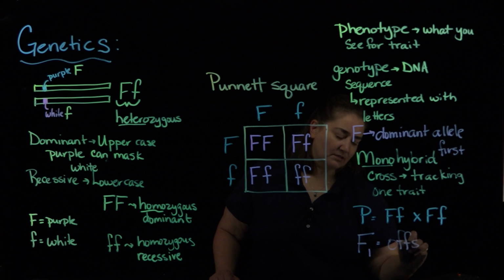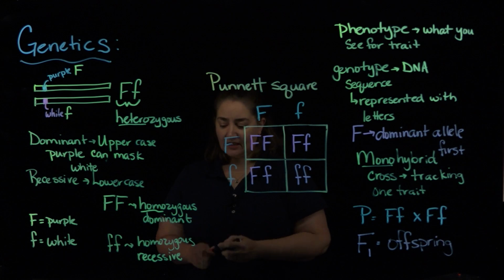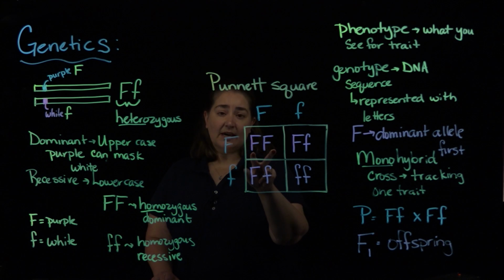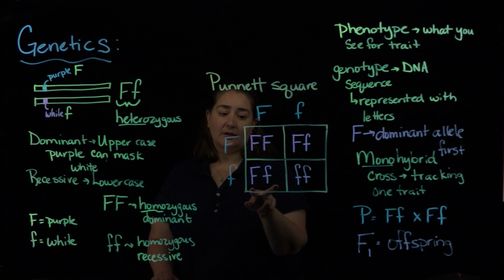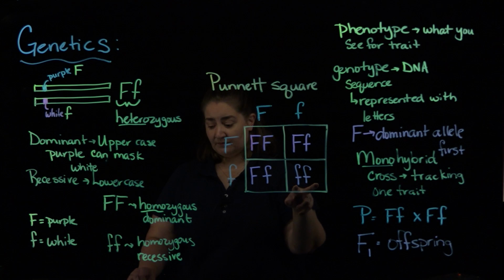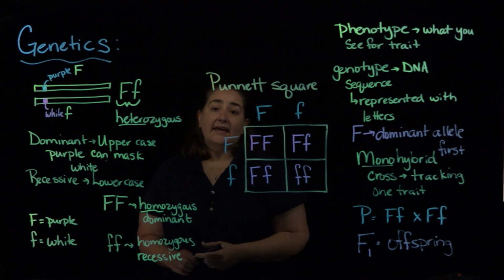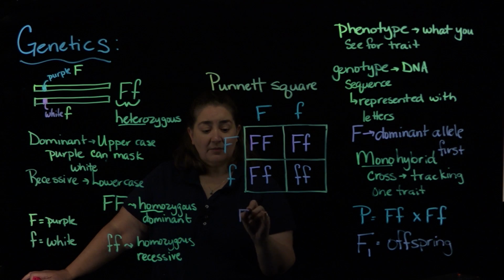Oh goodness, we're squeaky again, I apologize. So the offspring genetically can be capital F, capital F, capital F lowercase f, capital F lowercase f, or 2 lowercase f's, all right? And those genotypes now will tell you something about phenotype, okay?